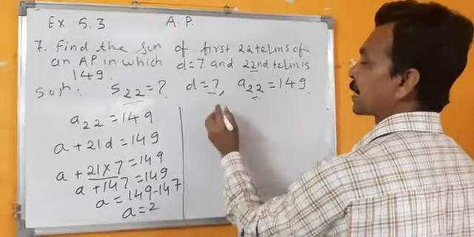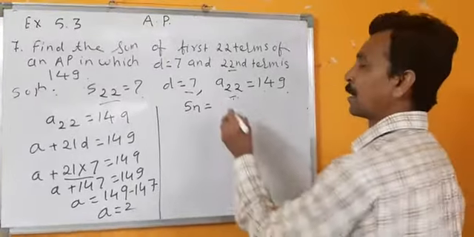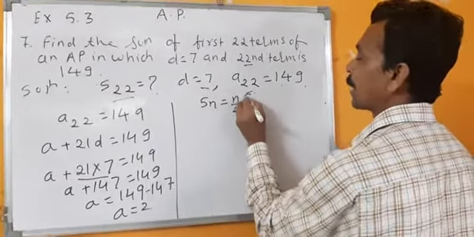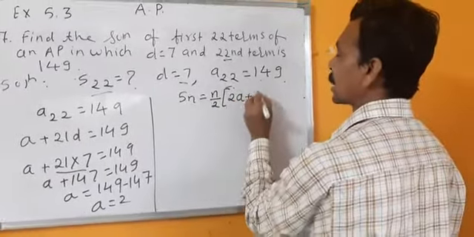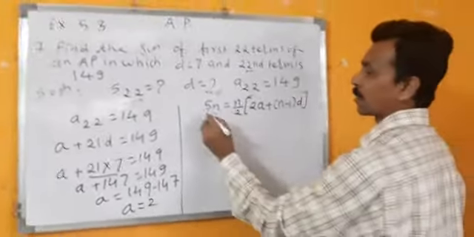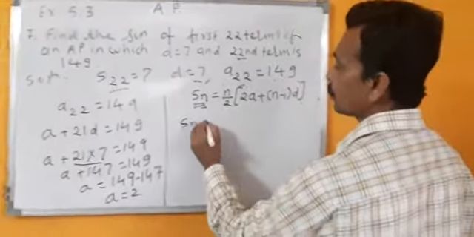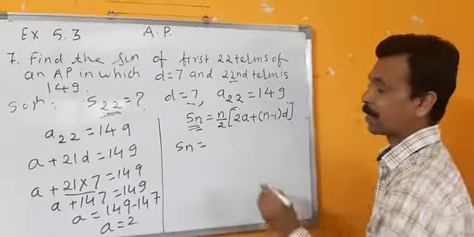Now I will find S22. For S22 I need the formula Sn. Sn is equal to n by 2 into 2a plus n minus 1 into d. In Sn, n is given as 22.